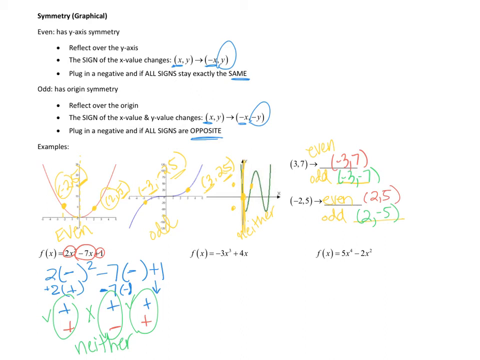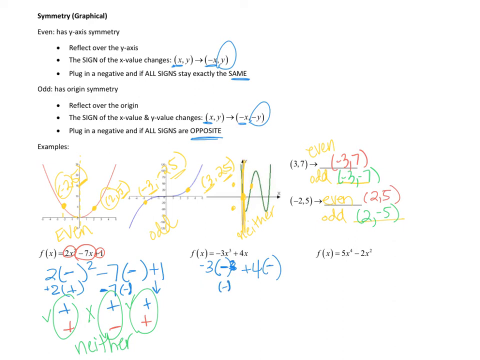So I'm going to start off and plug in a negative. So I'm going to have negative 3, number cubed, plus 4 times a negative number. Okay, so let's talk this through. If I take a negative number and I cube it, a negative number cubed is going to come back negative.